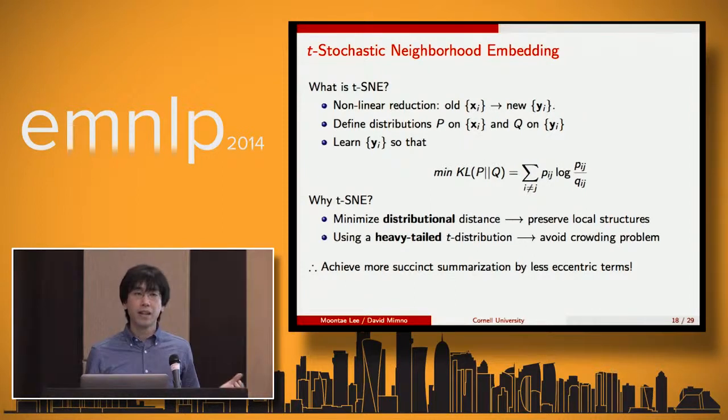Because we are defining and minimizing those distributional distances, it preserves the local structure, and especially for the Q distribution, it uses a heavy-tailed t distribution in order to avoid the crowding problem. You're going to see what the crowding problem is in the next figure. And by doing this projection, we achieve a more succinct summarization with less eccentric terms.